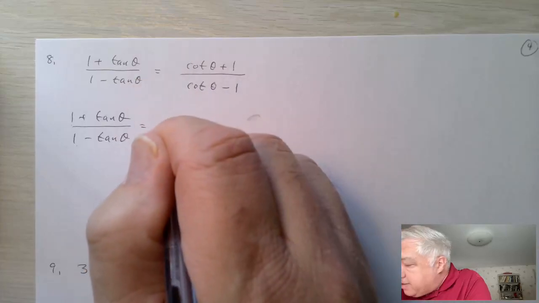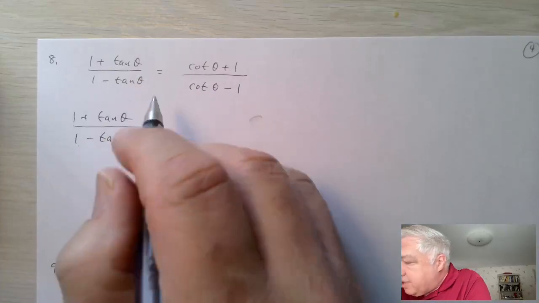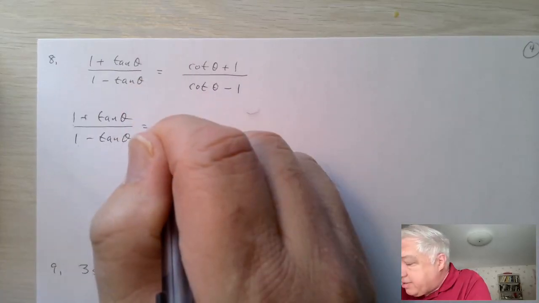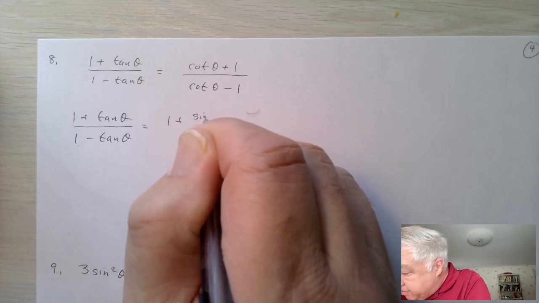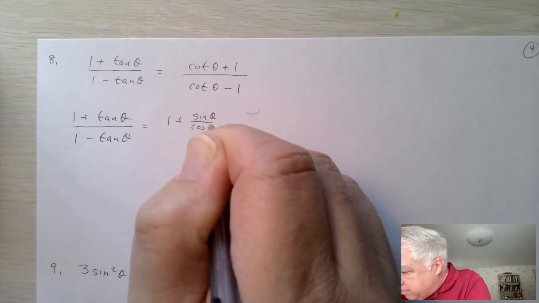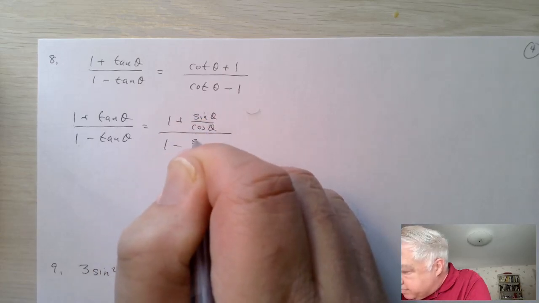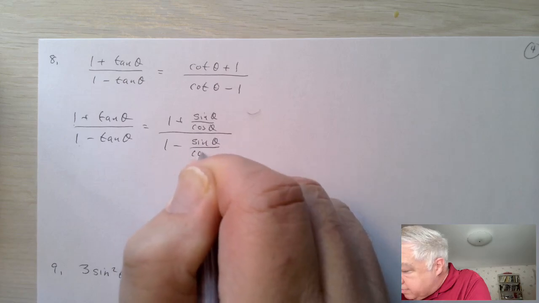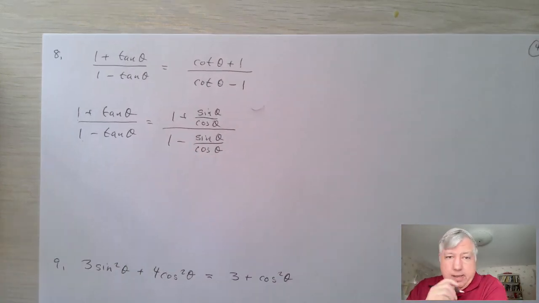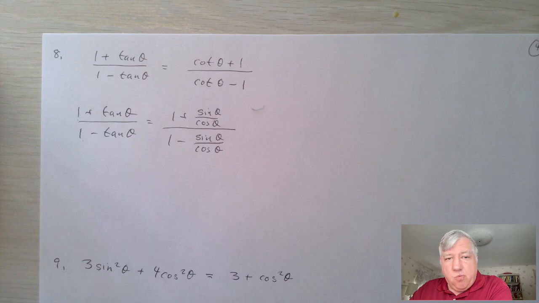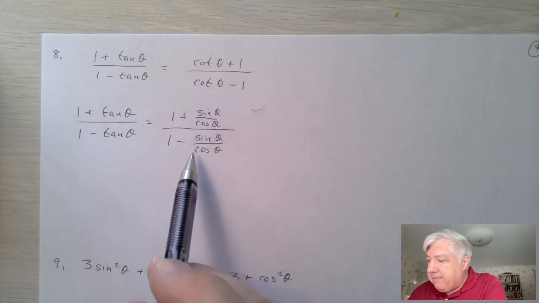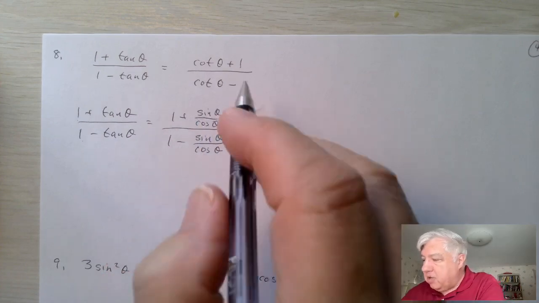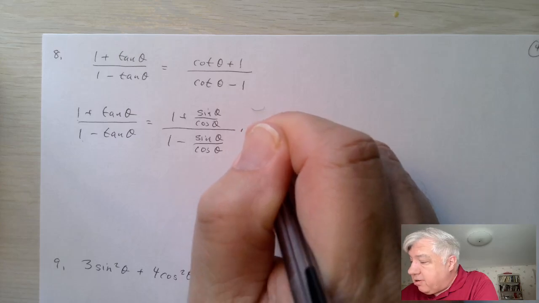So we can write this in terms of cosine, not sine, cosine. Now, if we do this, we can simplify the top and bottom by just multiplying both sides by cosine theta.